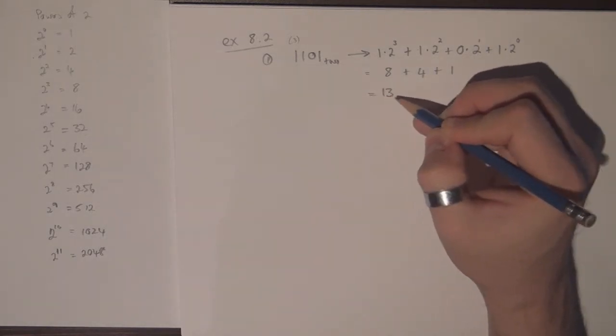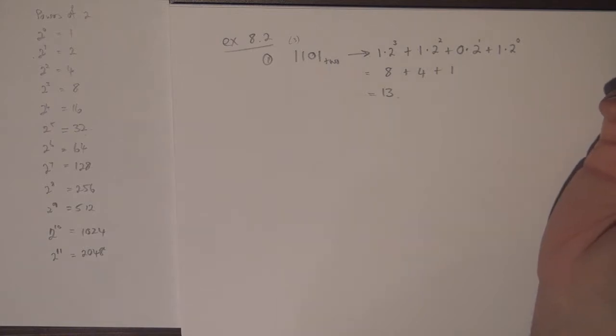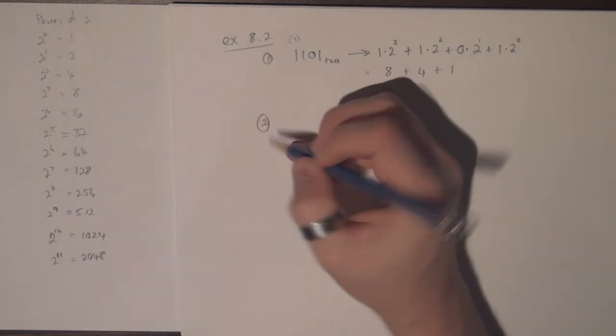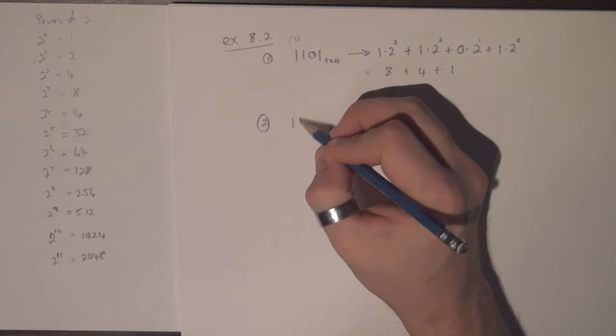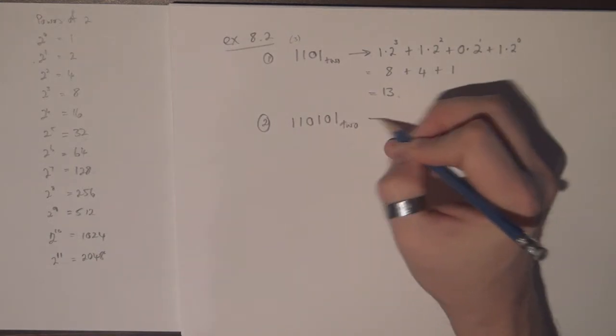So that's 13. So that conversion is maybe easier since I don't have the whole table and fitting in stuff to do. Number 2, make sure I write this down, 1 1 0 1 0 1, base 2.